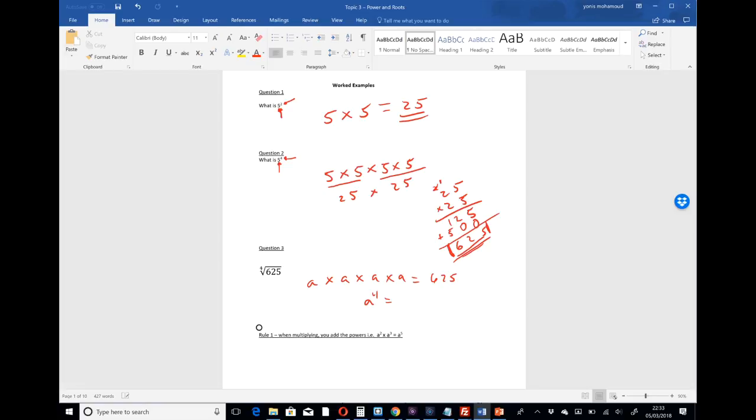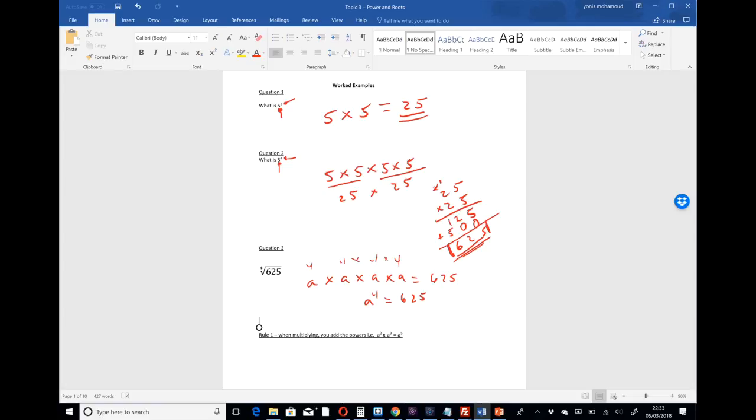When you go through the rules of powers in the latter stages, you'll understand this more clearly. Okay, so you think a to the power of 4 gives me 625. So what could be the value of a? You can try different numbers. You can try 4 times 4 times 4 times 4.